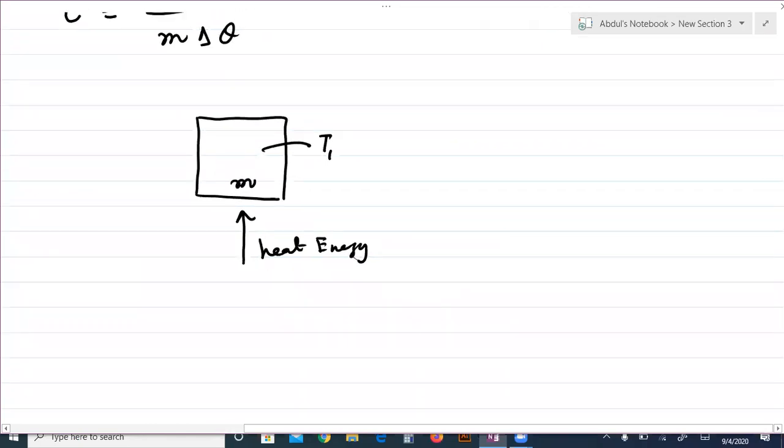In previous classes, in O level, it was assumed that no energy is lost to the surrounding. The whole of the energy is absorbed by the material. So we use Q is equal to m c delta theta, meaning the whole of the energy Q is supplied to the material.